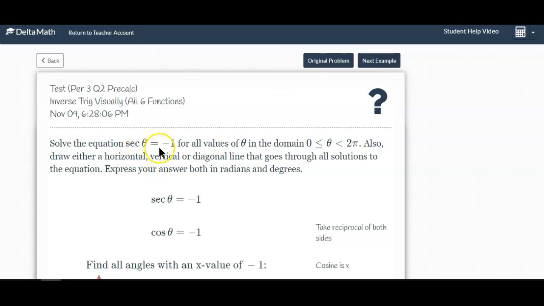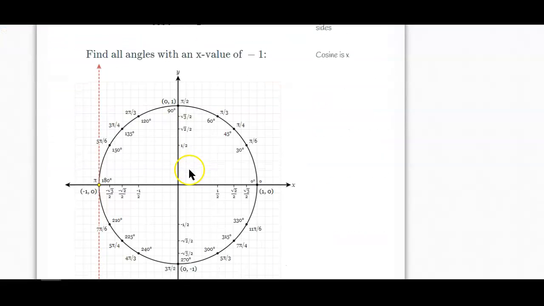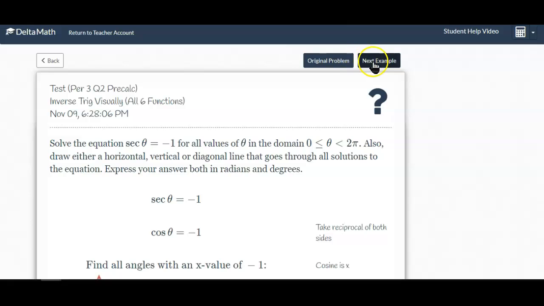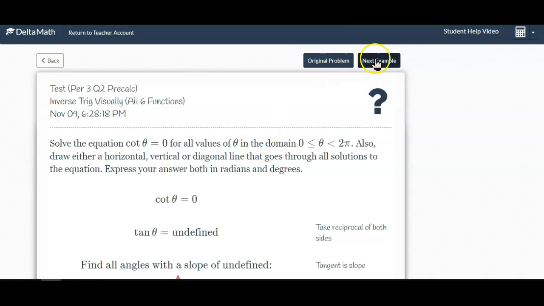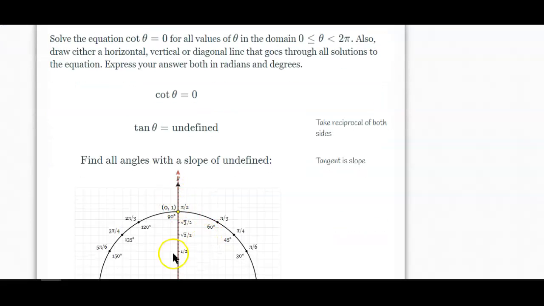This is a secant, which is an x is -1, so you would need a vertical line at -1, which would be over here, and it only hits once. Cotangent 0 means the tangent is undefined, which is here.